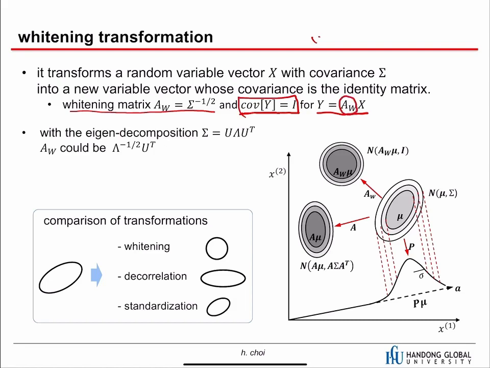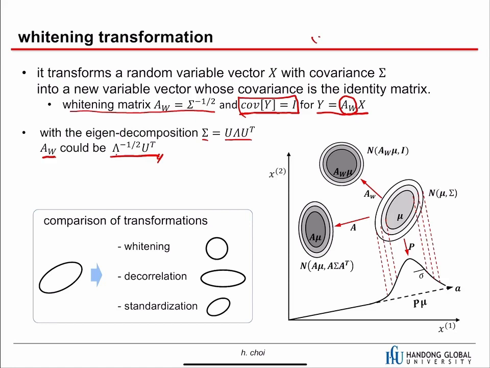Then A sub w is a whitening transformation. With the eigendecomposition of this covariance matrix, A sub w could be this one: the eigenvalue matrix to the power of negative 1 over 2 times the eigenvector matrix transpose.